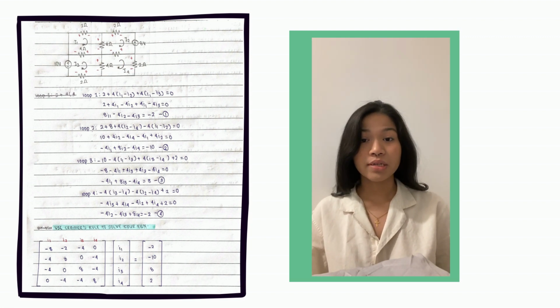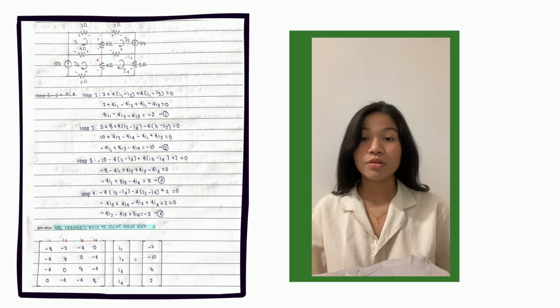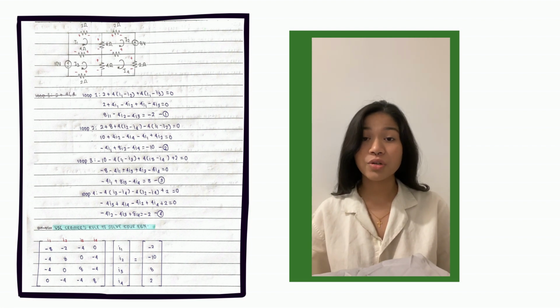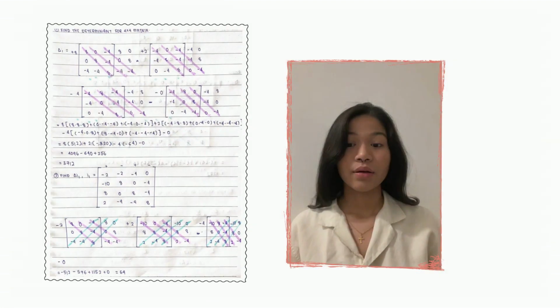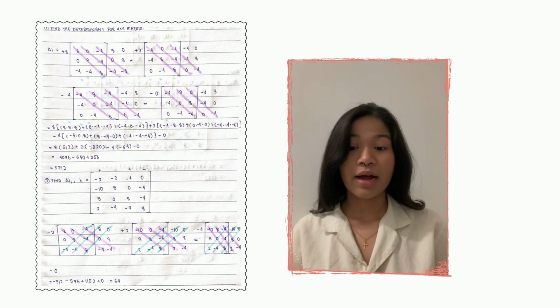From these 4 equations, we have derived the value for a 4 times 4 matrix. To solve this and calculate the value for I1, I2, I3, and I4, I've used Cramer's rule. By using Cramer's rule, I have gotten the value for the determinant of I, which is 3712.